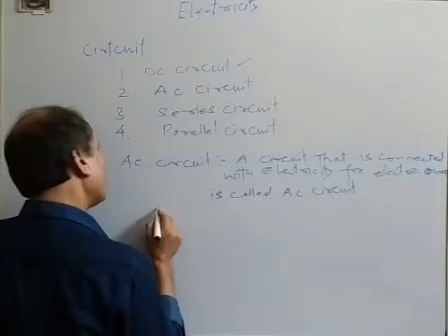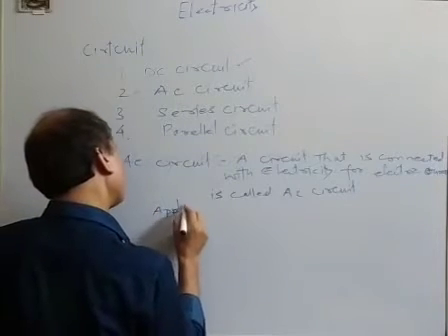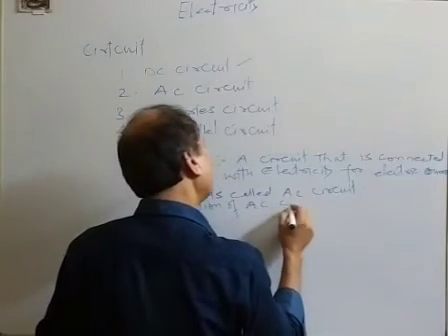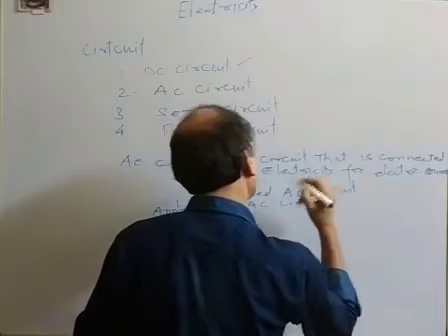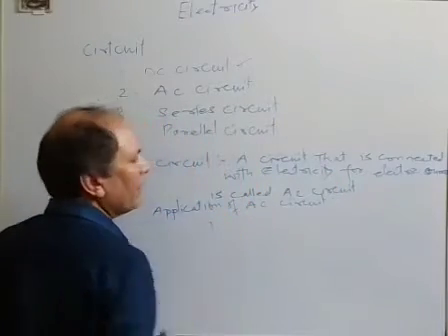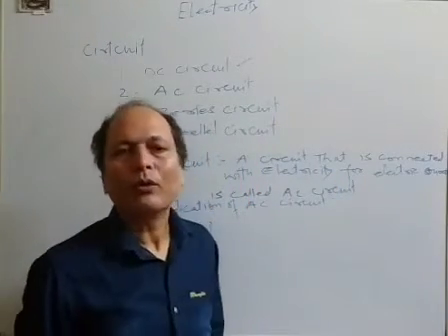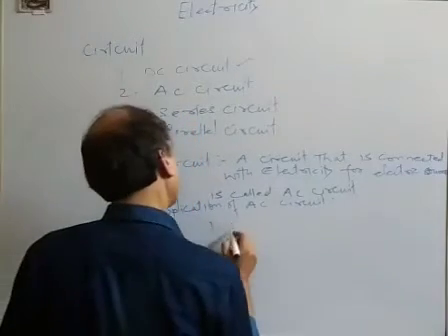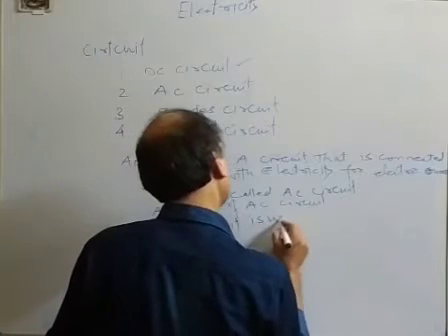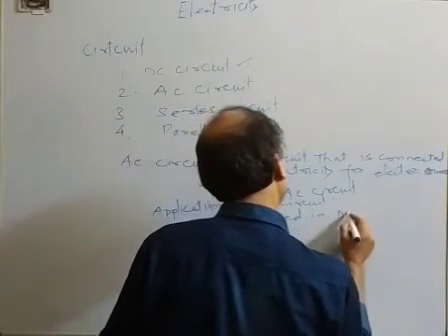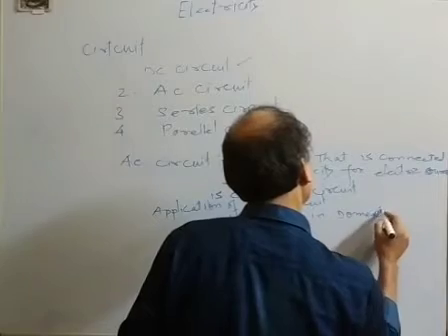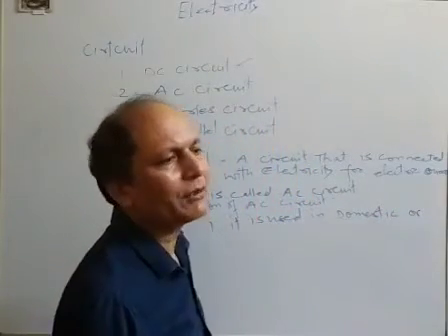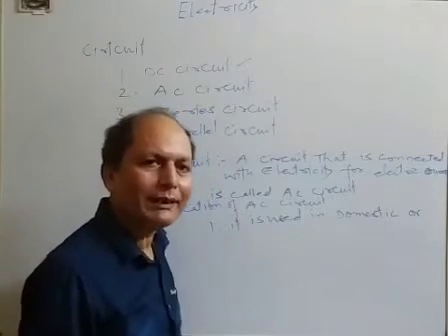Application of AC circuit. Number one, AC circuit is used in our home for domestic supply of electricity. Or also we can say industrial supply, because all the industries also depend upon electricity.